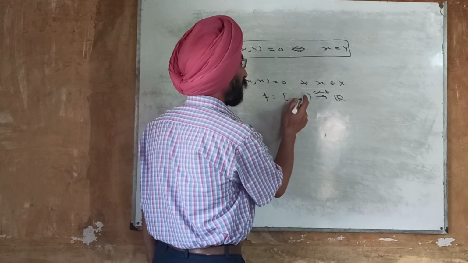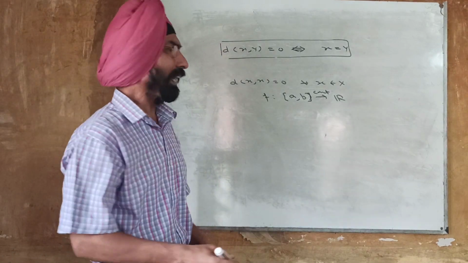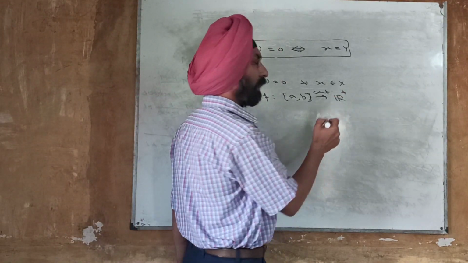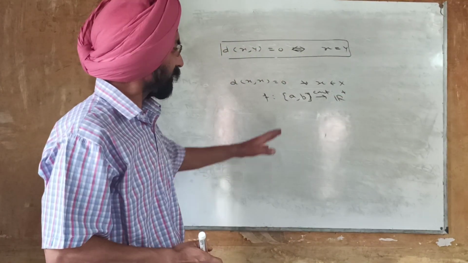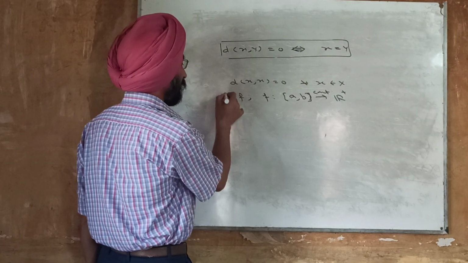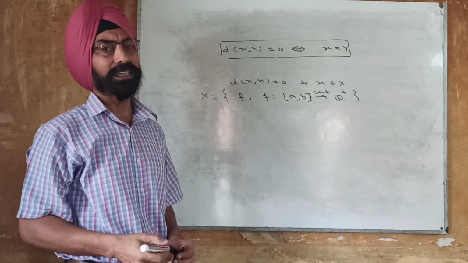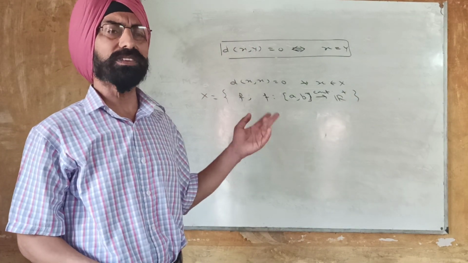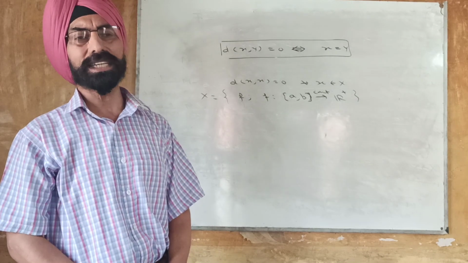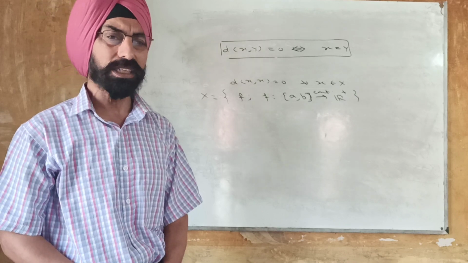If you don't want to take 0 to infinity, then you take the closed interval [a, b], and on the right side you take R plus. Then consider the set of all such functions f. Let it be your X now. Then several examples of metric spaces and several examples of different metrics can also be obtained.